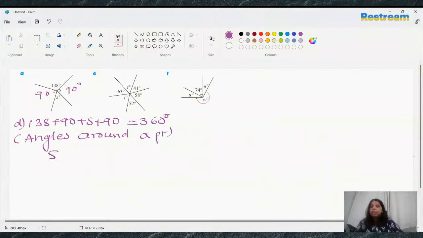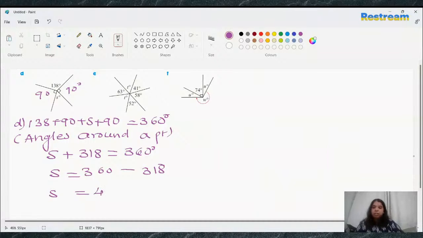So your S plus 318 is equal to 360 degrees. S is equal to 360 minus 318. So S is equal to 48 degrees. Okay. Wow. Nice, right?